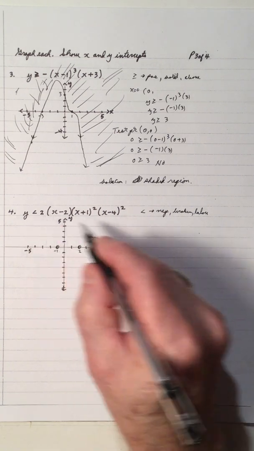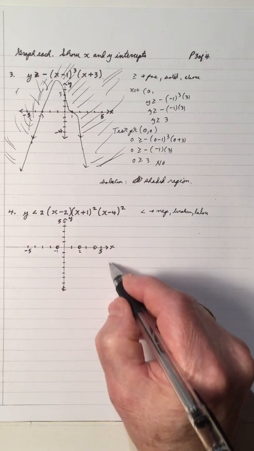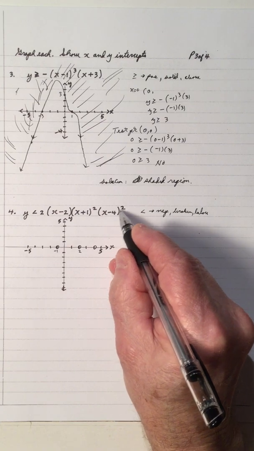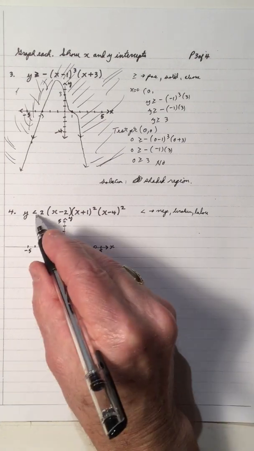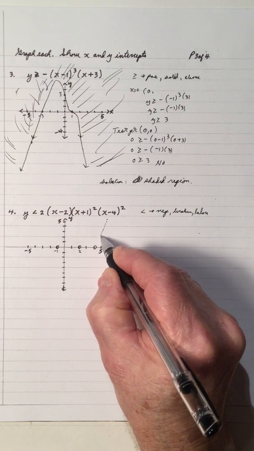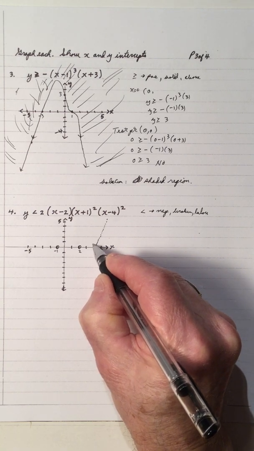Because it's positive, we're coming this way. If this was negative 2, we'd be coming up this way. So we're coming down to 4, but at 4 is square. We have to remember the boundary line is broken because there's no equal sign, so we have to do a dotted line. We're coming down and we bounce off. We have to go back up.